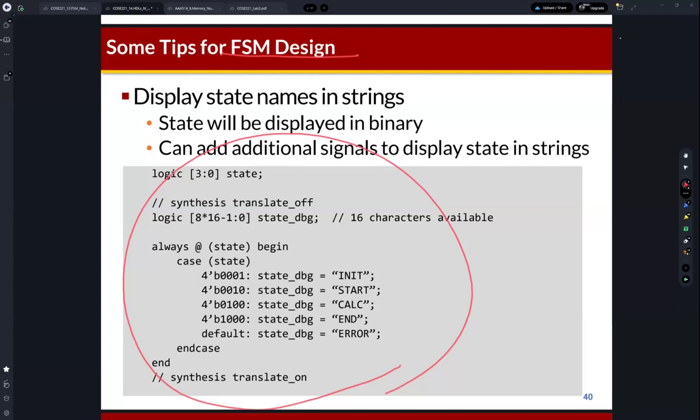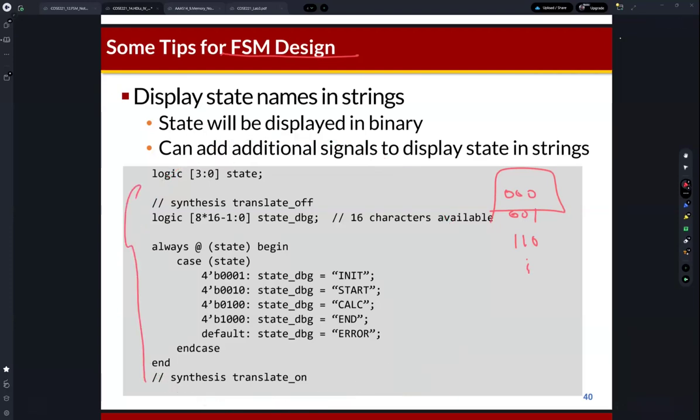If we just see the FSM states like 000, 001, 110, it's not easy to recognize the states represented using binary numbers, because we are familiar with characters, not binary numbers. So we can use this statement. If we add this statement, then the state will be displayed using characters.